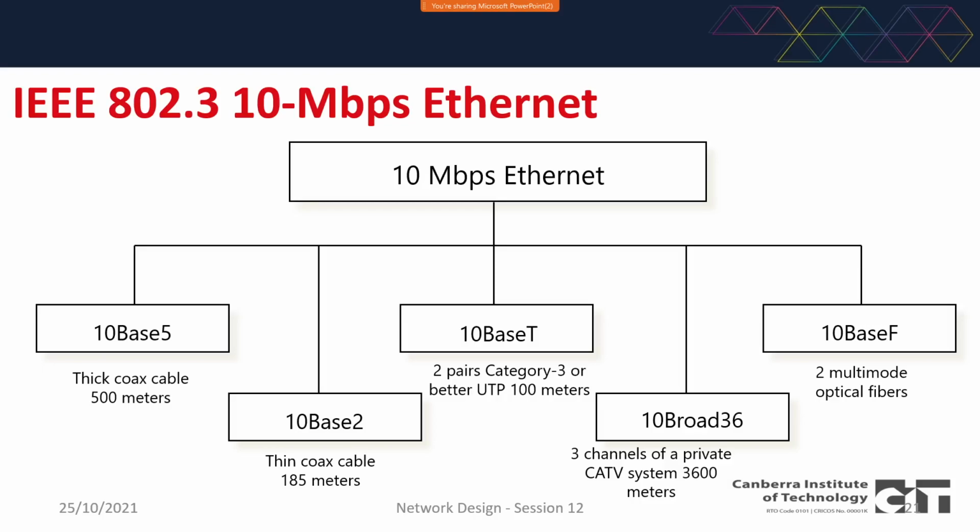They all serve different purposes. The 10BASE-T uses 2 pairs of category 3, and can go up to 100 meters. They are all unshielded. The 10BROAD36 uses a three-channel private CATV system, up to 3600 meters. And we also have 10BASE-F, which is basically 2 multi-mode optical fibers that still provide up to 10 megabits per second connections.